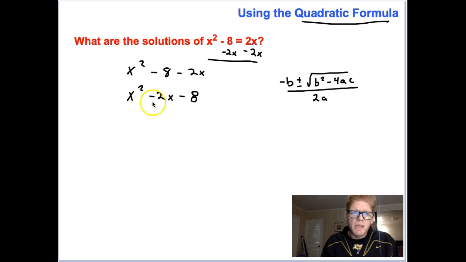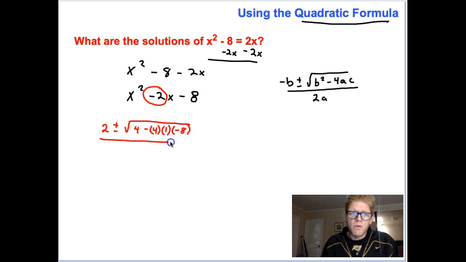So for negative b, we're going to take the opposite of -2, which is going to be +2. So we'll have 2 plus or minus the square root of b squared, and of course, -2 squared is 4, minus 4 times a, which is, in this case, our coefficient is 1, and -8. We're going to put all that over 2 times a, which is 1.